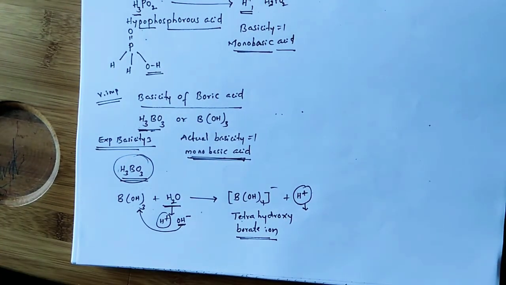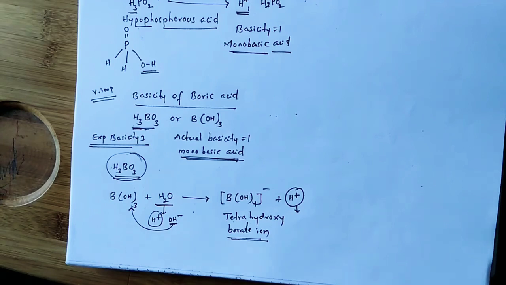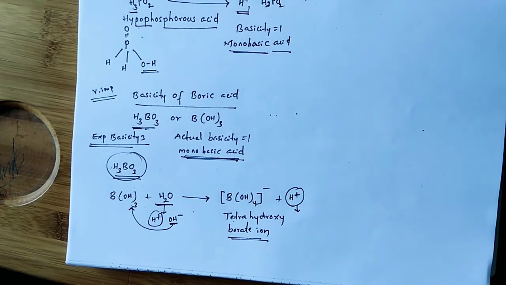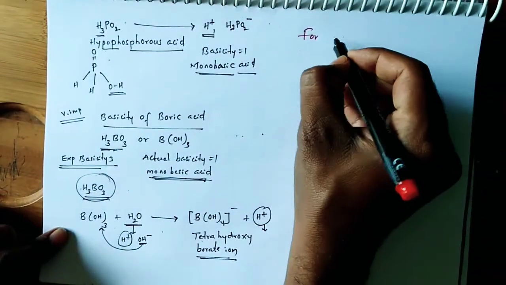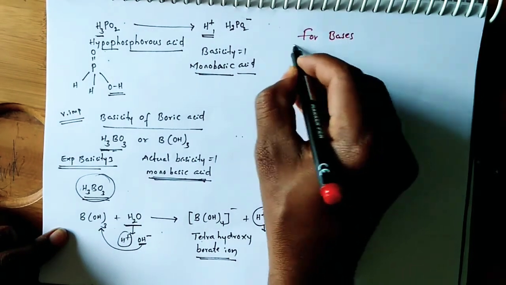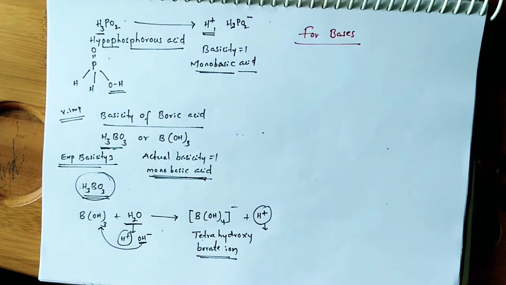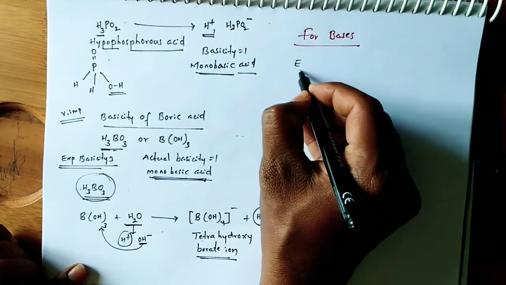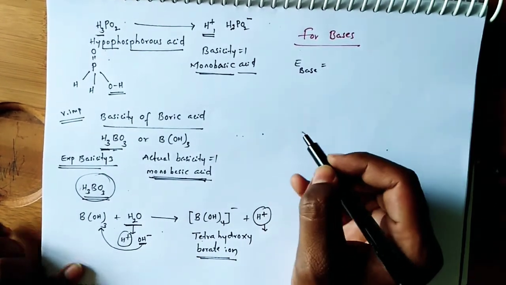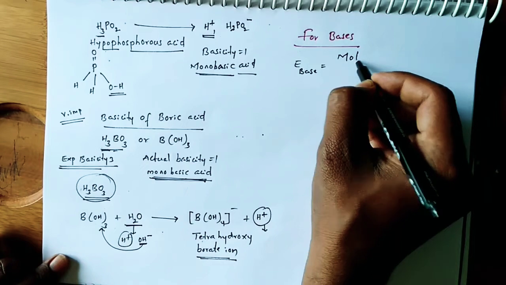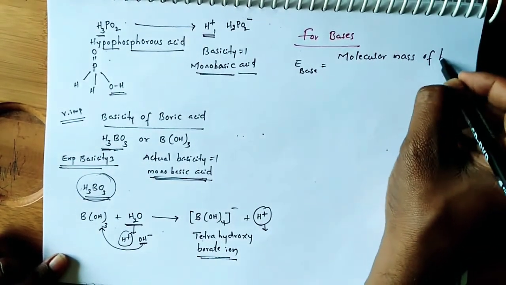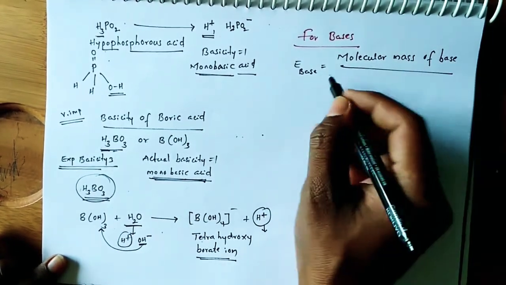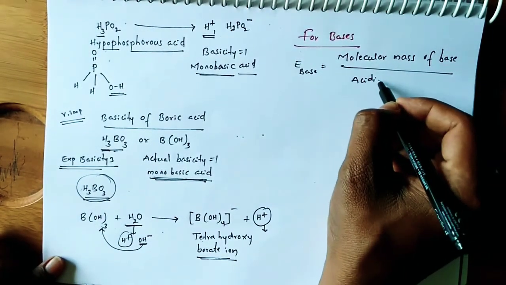Okay, right. This is the equivalent weight. How to find the equivalent weight for acids? Then how to find it for bases? For bases, let us see. The equivalent weight of a base equals the molecular mass of the base divided by acidity.